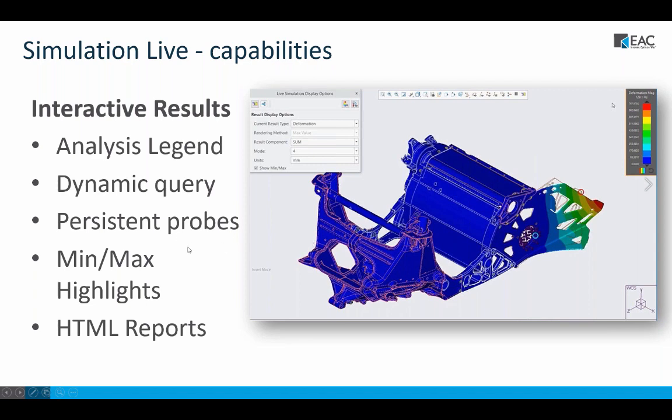You can have these persistent probes, which were the items we had up on the previous slide, and you can toggle those display on and off via the standard analysis feature section in the ribbon. And again, the min-max highlights. Finally, you can create an HTML report from this. There's a standard web page template, which is certainly modifiable, and you can kick out an HTML report of the simulation for downstream use or sharing out through the organization.